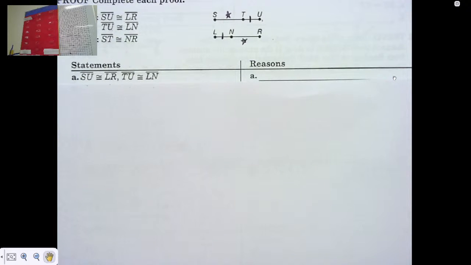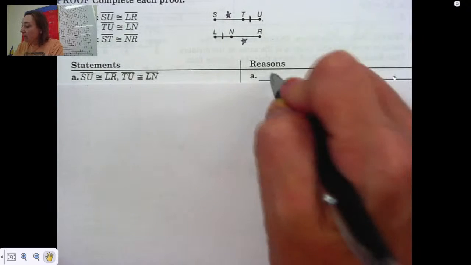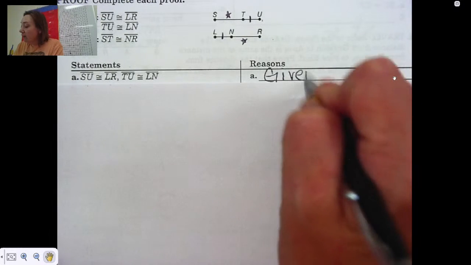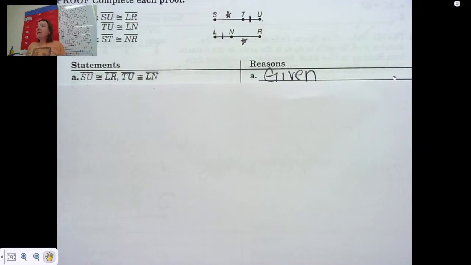What'd you say? It's a given. They gave it to us, right? So the reason that we know this is given. If they give you information, your reason is just given.